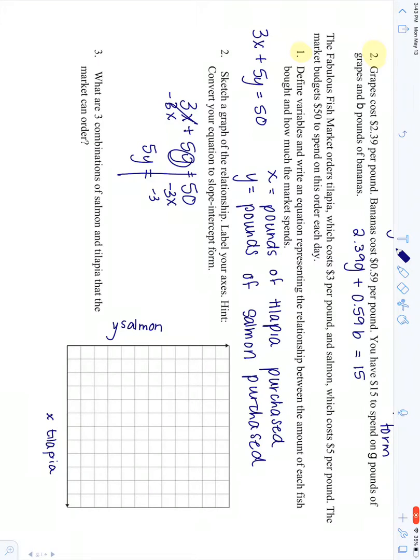And I can't combine these, so I'm left with negative 3x plus 50. Then I need to divide everything by the coefficient of y, which is 5. So I'm going to divide every single term I have by 5, and I get the equation y equals negative 3/5 x plus 10.